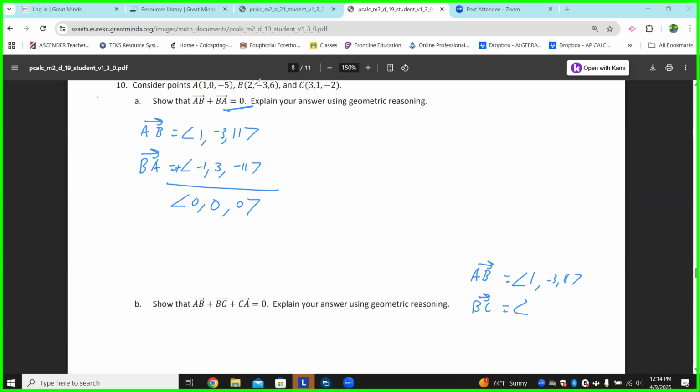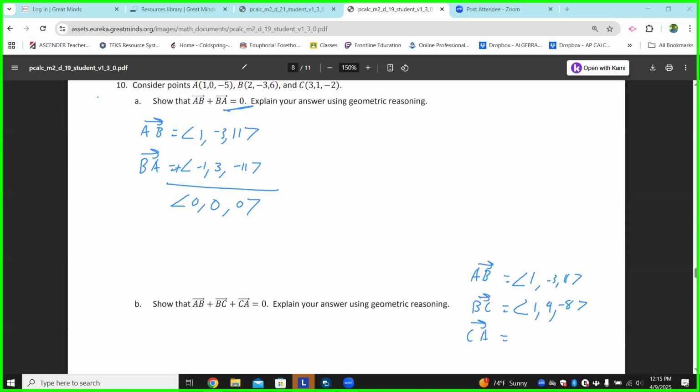So again, this will be 3 minus 2, which is 1. 1 minus -3 is +4. And then -2 minus 6 is -8. Very good. And then let's do CA real quick.